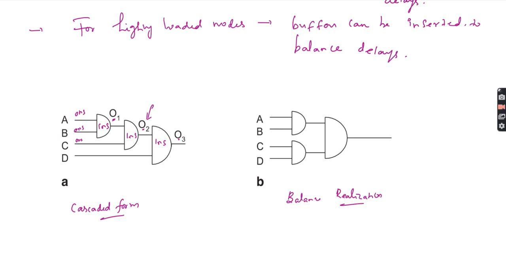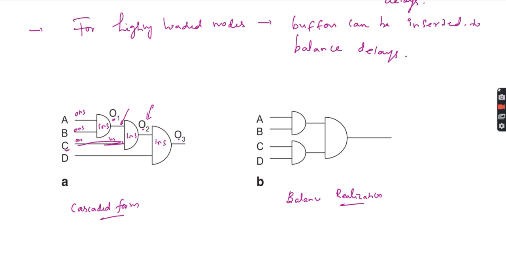This B will be executed after 1 nanosecond, and I will get the output here. But at 0 nanoseconds I have given the input C. This value will wait until this gate evaluates, after 1 nanosecond it will get the output. So this input also will wait for 1 nanosecond. Then O2 will be evaluated. Once O2 is evaluated, then O3 will be evaluated after we receive O2.